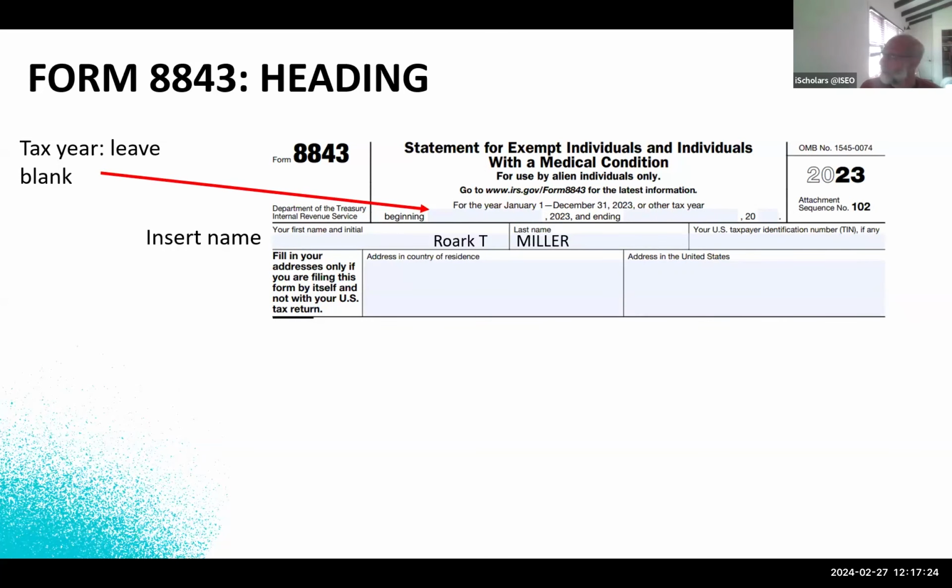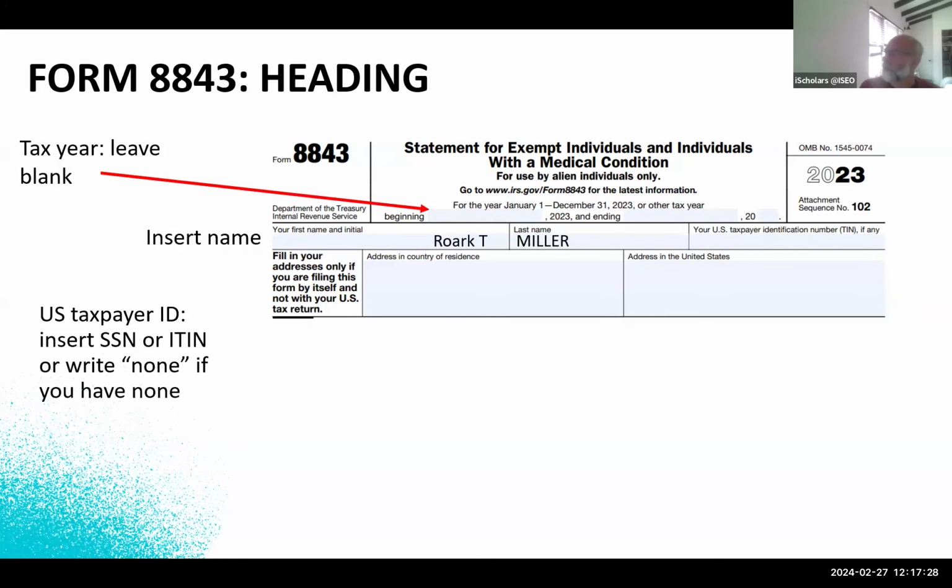And I'm just giving my details here. And then for US taxpayer ID, if you have a social security number, then you would input it there. Or if you have an ITIN, you would input the ITIN there. If you have neither, that is okay. Just write none, and that's fine.